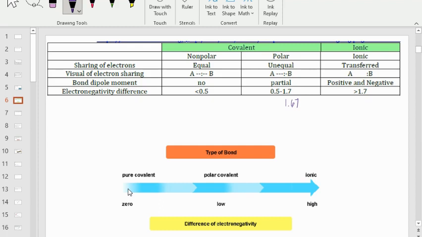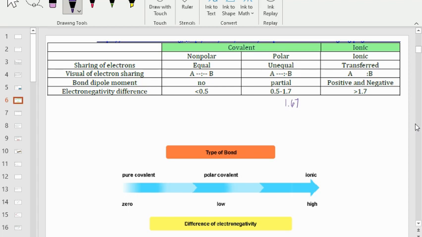This is a range, though. Okay, it is a scale. When you get closer to this difference here, it gets more and more characteristic of an ionic compound. The closer you get to this end, it gets more like a nonpolar. So it's kind of a sliding scale. It's arbitrary.